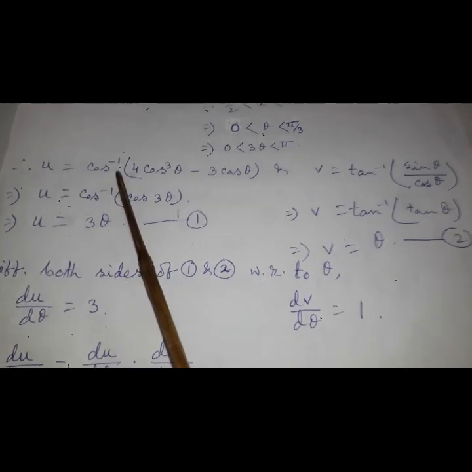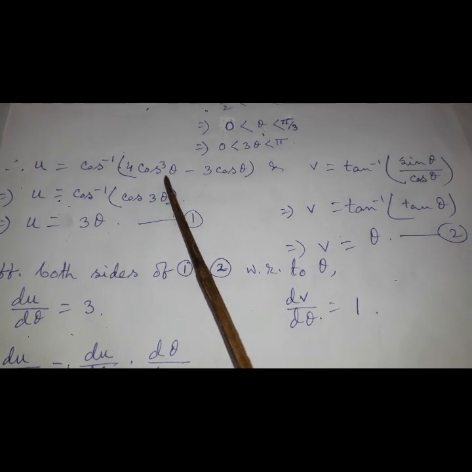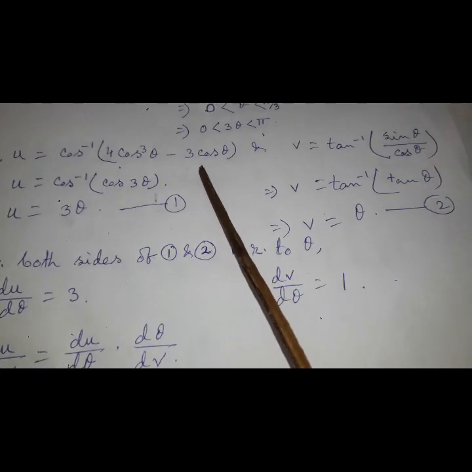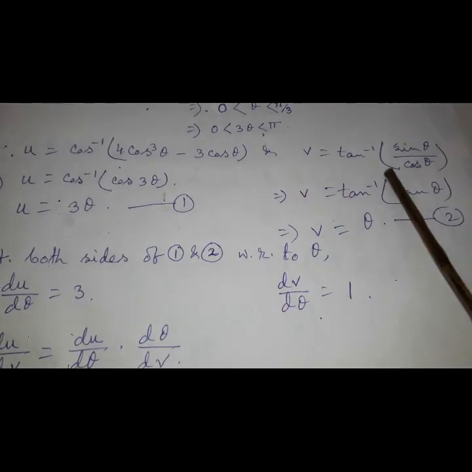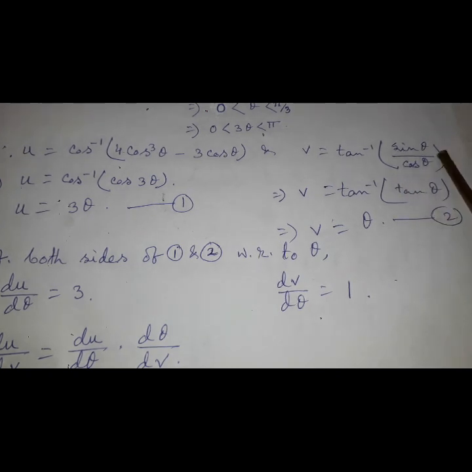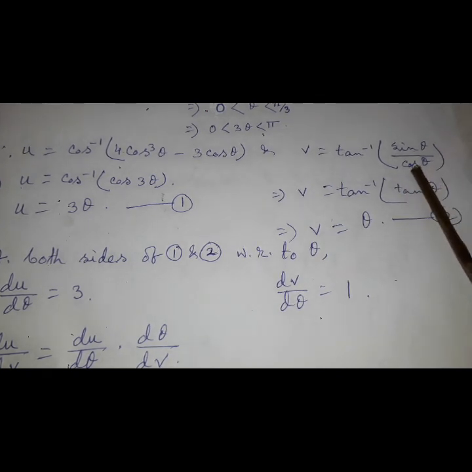So 3 theta is greater than 0 and less than pi. Now putting x is equal to cos theta, u is equal to cos inverse of 4 cos cube theta minus 3 cos theta, and v is equal to tan inverse of root over 1 minus cos square theta by cos theta, that is sin theta by cos theta.